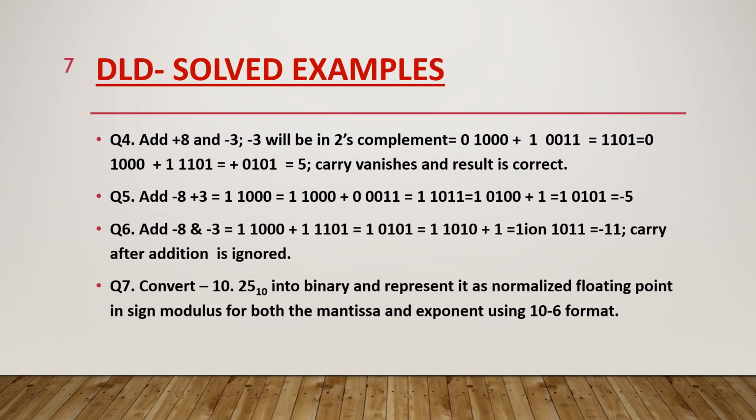As we were saying previously, minus 8 is 1, and 1, 0, 0, 0, and the 2's complement is also the same, plus it is 1, and the 2's complement of minus 3, as we have already calculated, is 1, 1, 0, 1, and if you add them up, it is equal to 1, 0, 1, 0, 1, and then if you take the 2's complement, it is equal to 1, 1, 0, 1, 0, plus 1, and it is equal to 1.